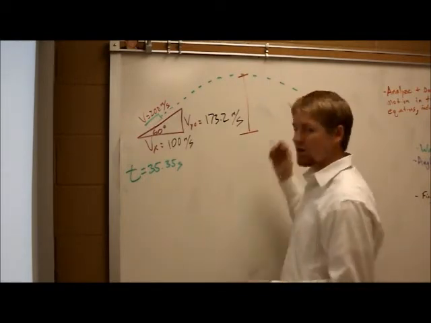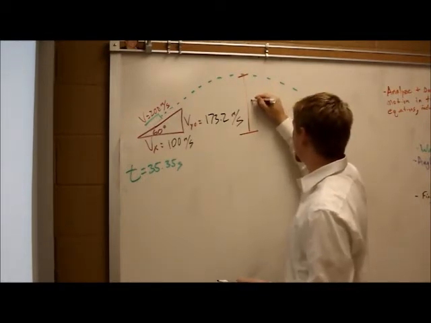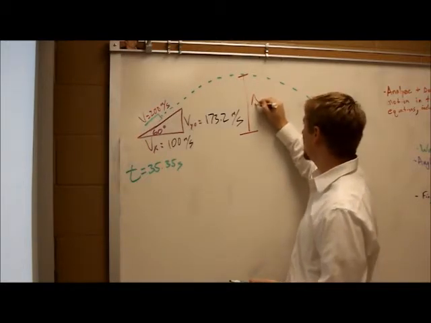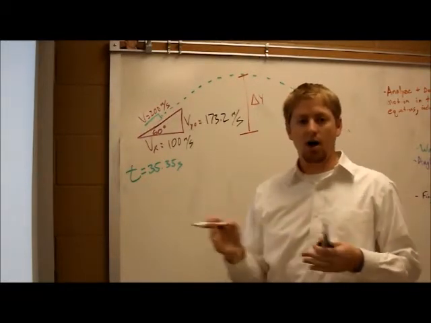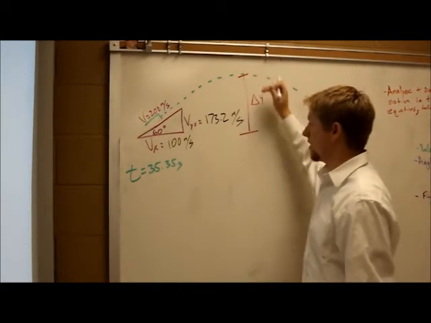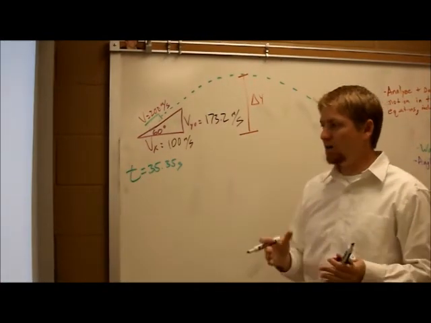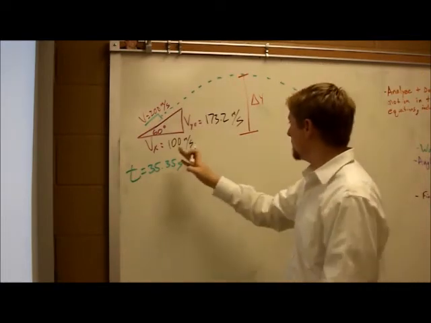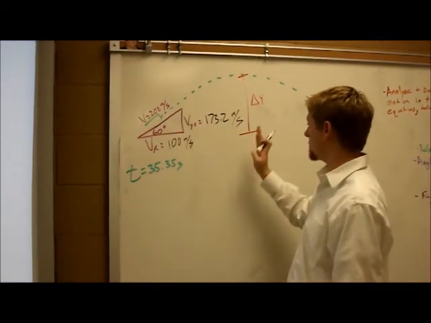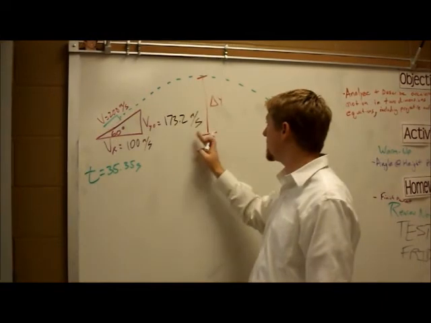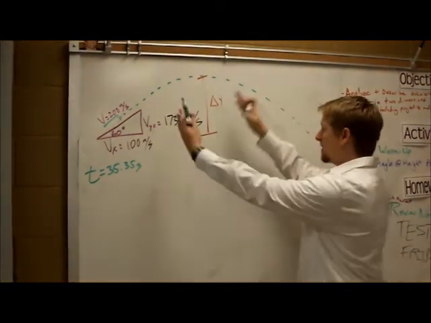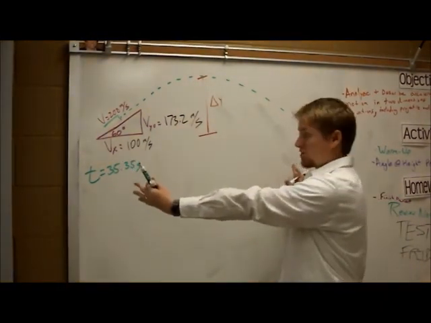We call this delta y, dy. Okay, it's the same thing. It's our distance up in the air that it's going to go. If this is 0, how high does it go? Well, how long does it take for that cannonball to get to that distance? This thing is completely symmetrical. Trust me, it is.